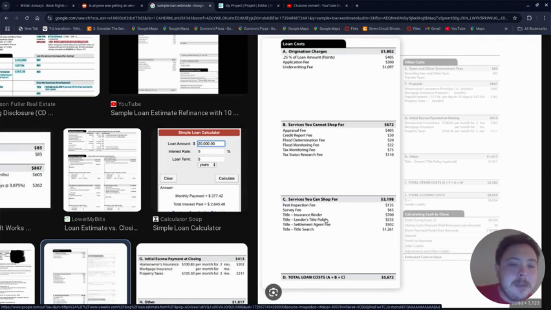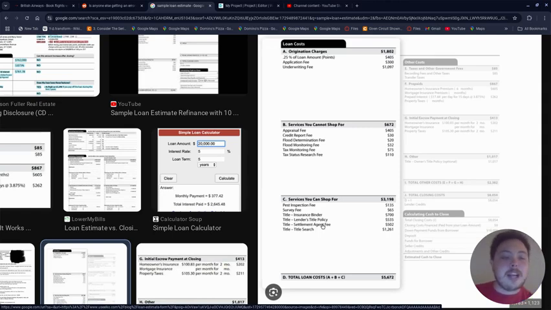C is usually going to be all your title fees, inspection fees. If you're getting a refinance on a loan, you can pick your own title company. But if you are buying a property, it's usually the seller who picks the title company.